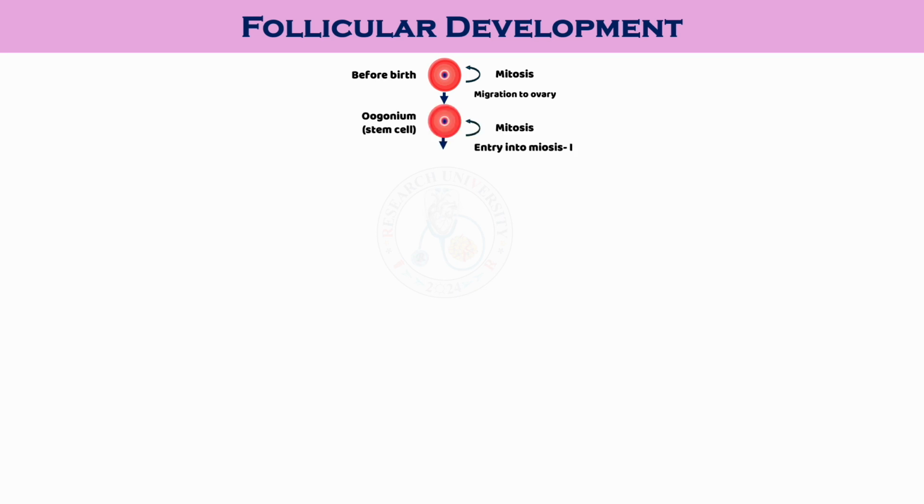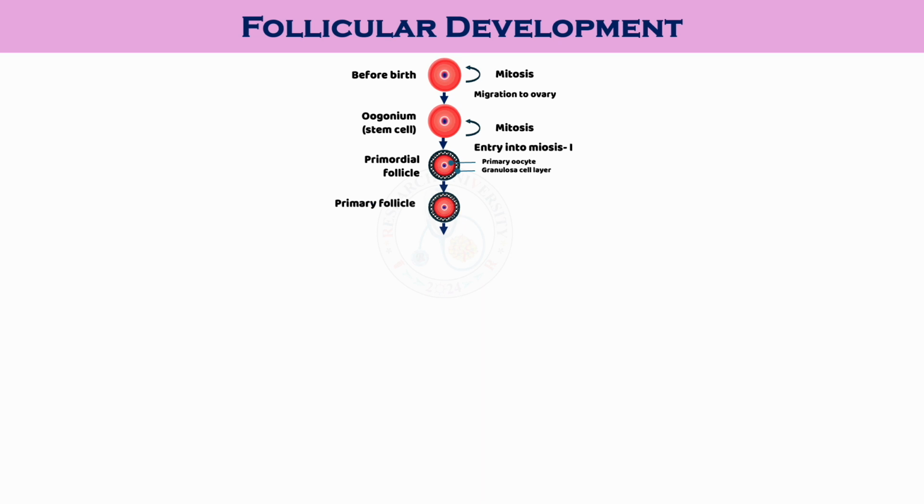Let's have a summary. The process of follicular development in human reproduction involves several key steps. First is the migration of the primordial germ cells into the genital ridges, leading to differentiation into oogonia. These oogonia undergo mitosis, forming the primary oocytes. The primary oocytes are surrounded by granulosa cells to form the primordial follicles.